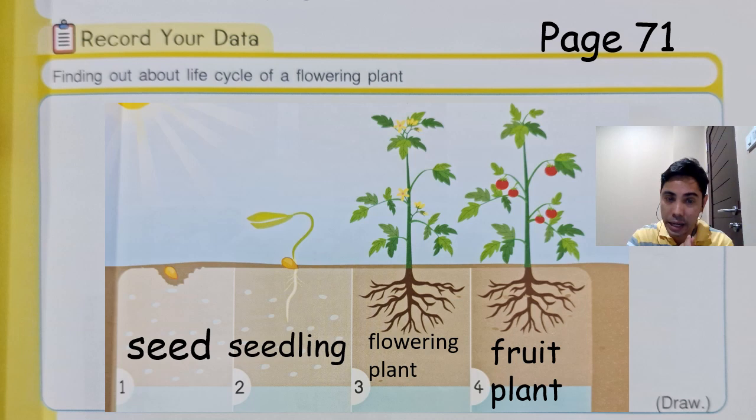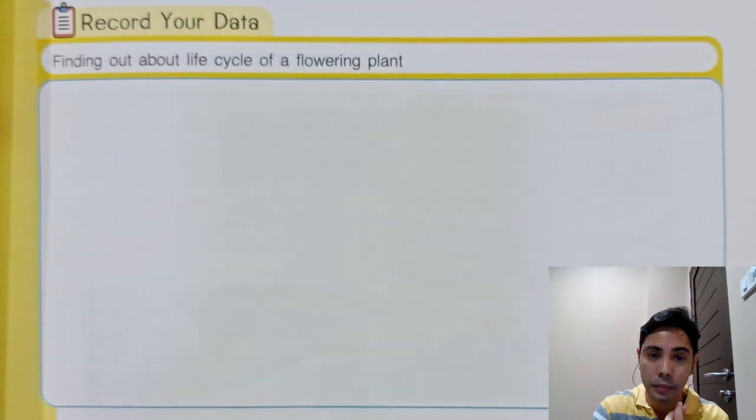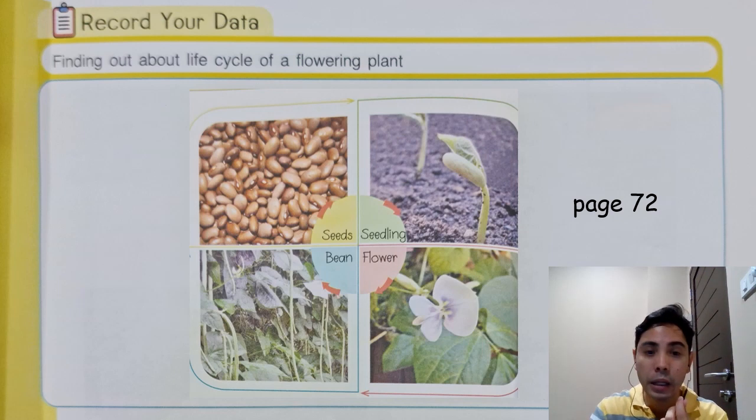And this is another example of drawing a life cycle of a flowering plant. There is another drawing on page 72. This is another way to draw the life cycle of a plant.